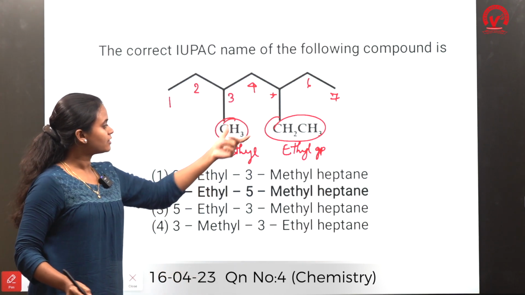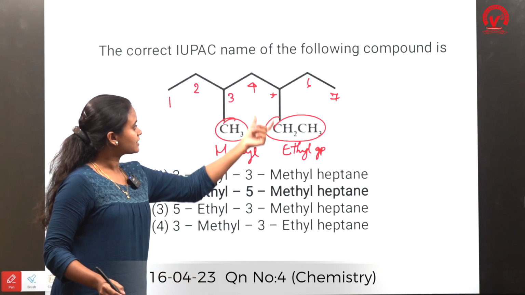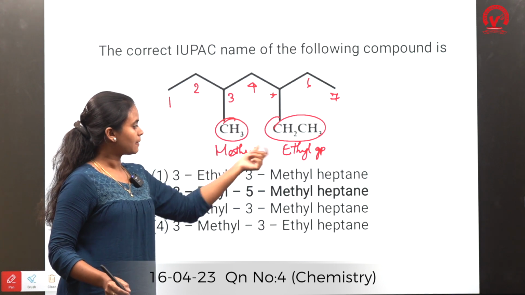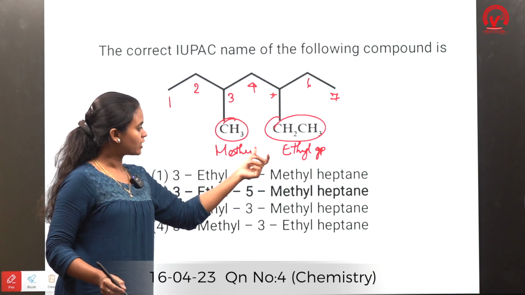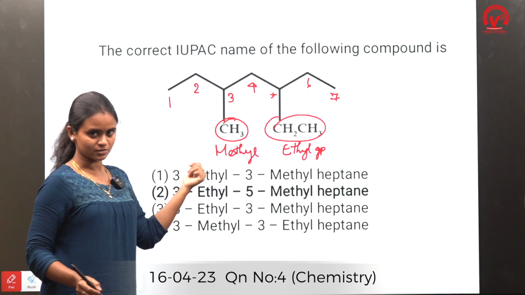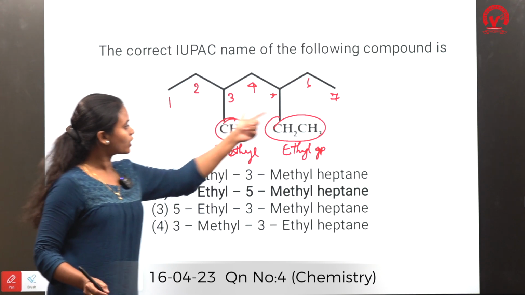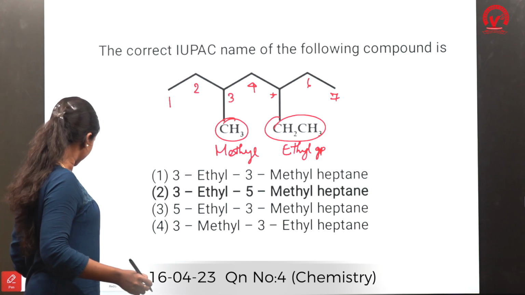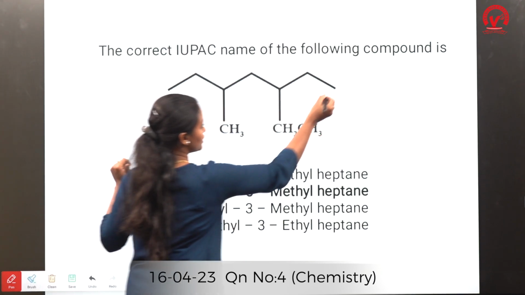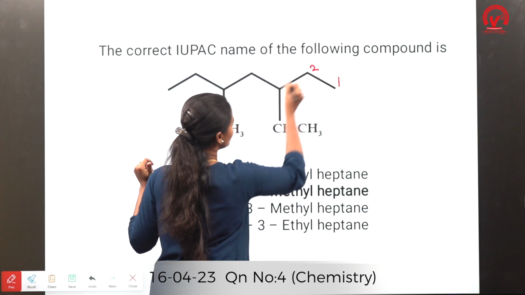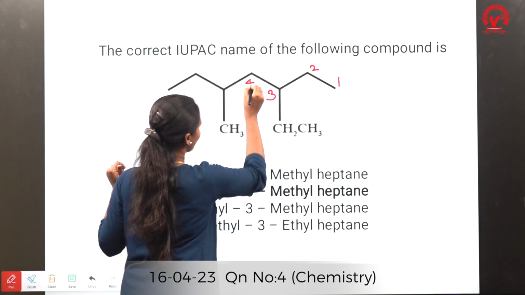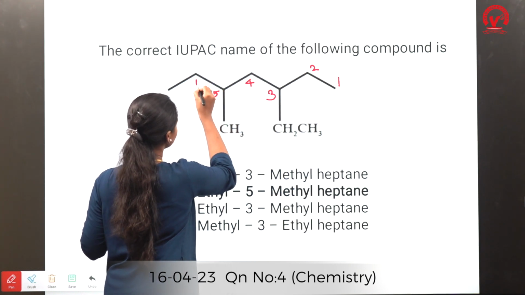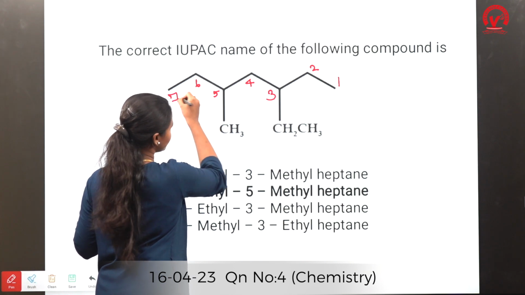In this order, the ethyl group is attached to the fifth carbon, but in alphabetical order ethyl should come first. So this order is wrong, and we have to number it from right to left: 1, 2, 3, 4, 5, 6 and 7.